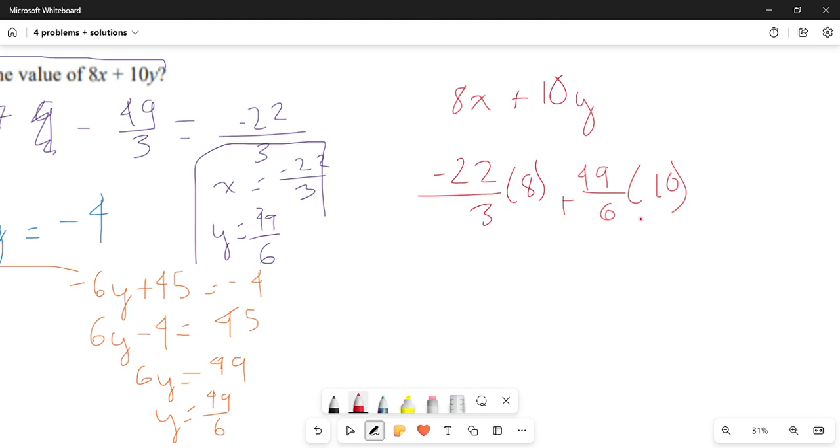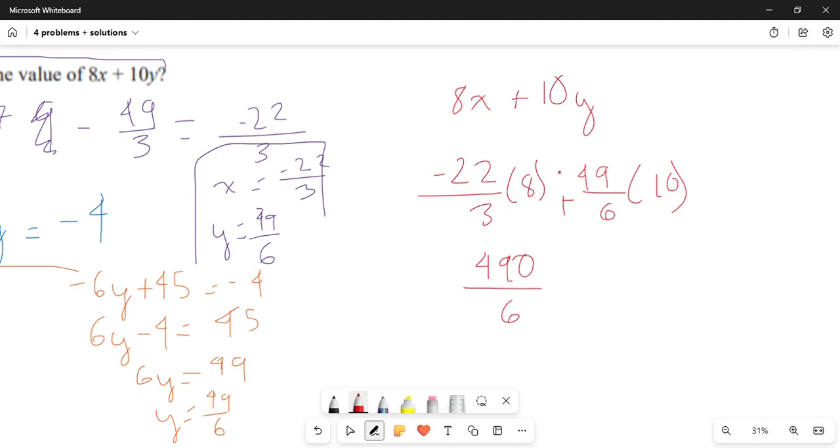And then we could cancel this out and make a 3, and this would be a 5. Or we could just keep it like this. So then if we start dividing stuff out, you should get that this would be 490 over 6.